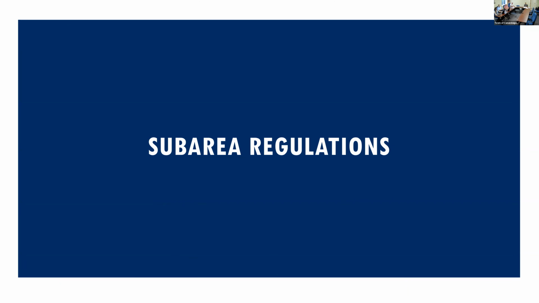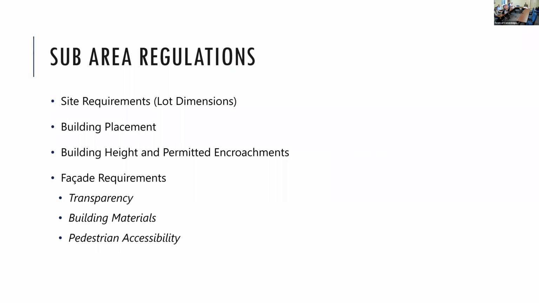So then the sub area regulations themselves. So the first one being the 332, or sorry, jumping ahead. So the topics that are unique to each of those two sub areas are some of the lot dimensions and the building placement requirements, some elements of the building itself, specifically the height and any permitted encroachments, and then also requirements for transparency and building materials.